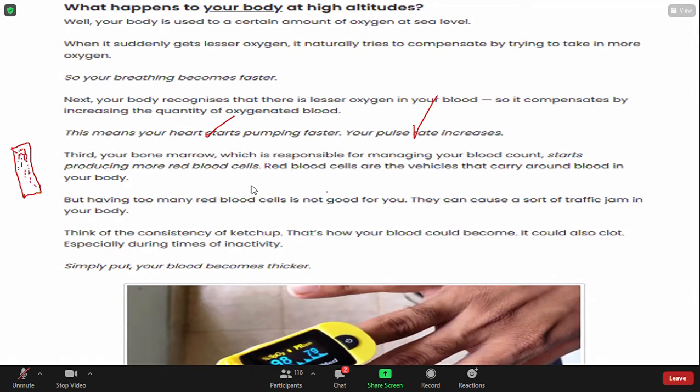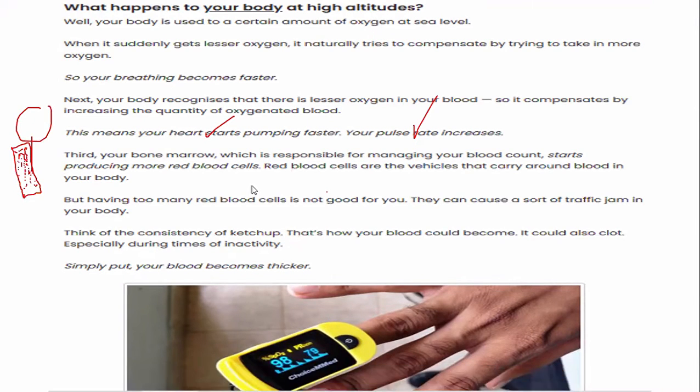They tend to stick with each other, and they get so sticky that you cannot deliver oxygen effectively to your tissues. So it becomes a problem.